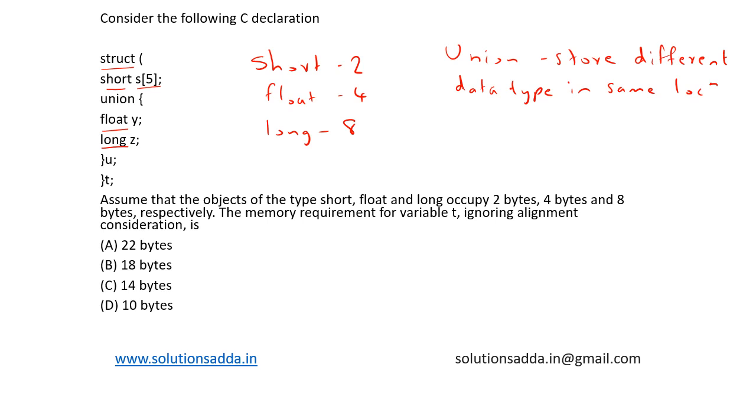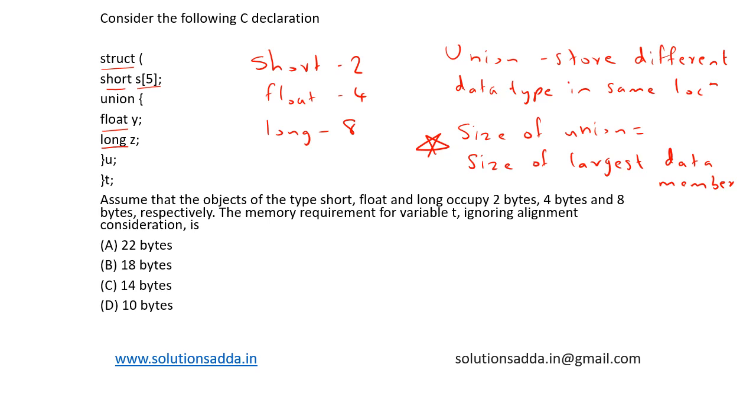The total size of union is the size of the largest data member. Size of union is equal to size of largest data member. This is an important point.